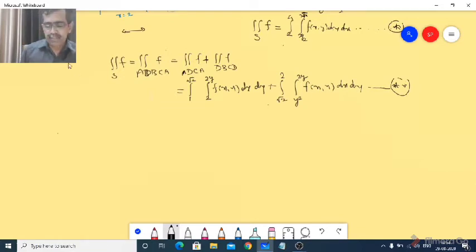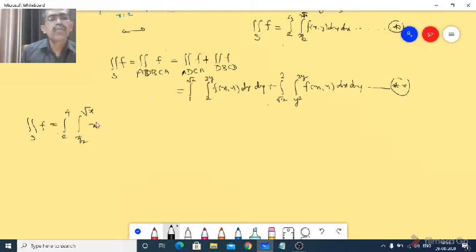So for that, consider the integral of f over S, which is equal to the integral from 2 to 4, integral x by 2 to root x. What is our given function f of xy? That is, I think, x square y.